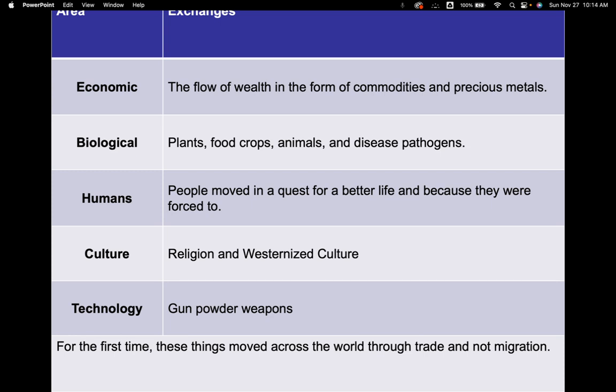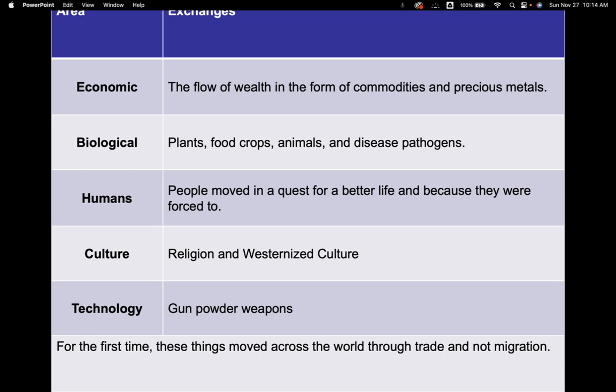So ultimately, when you talk about a web, we talk about the exchange of many things. So economically, the flow of wealth in the form of commodities and precious metals was an economic feature of this global web. Biologically, the Columbian Exchange brought plants, food crops, animals, and diseases across the world to new areas.